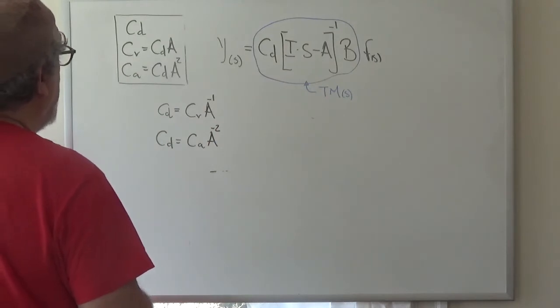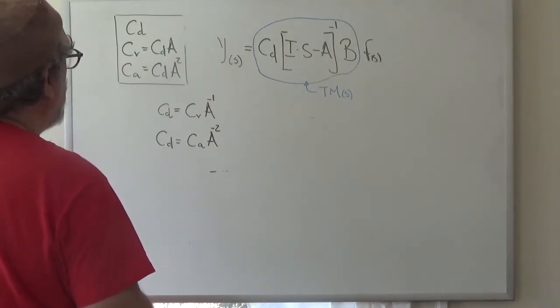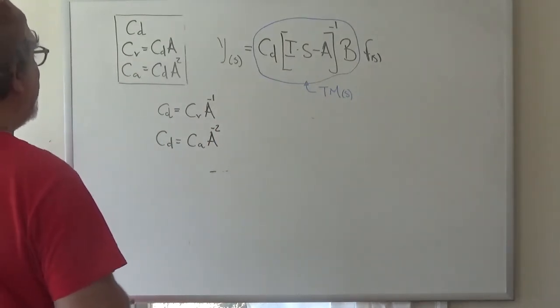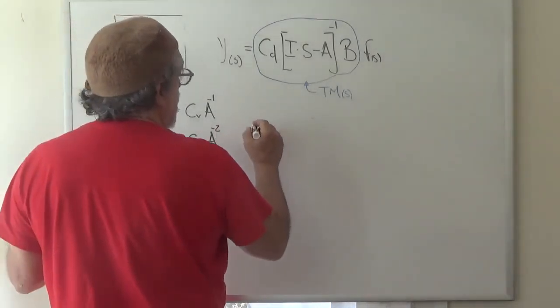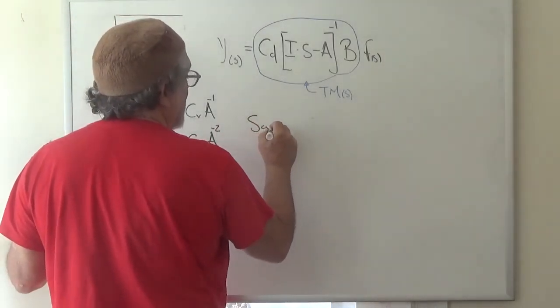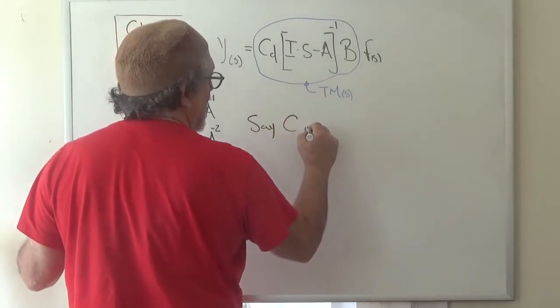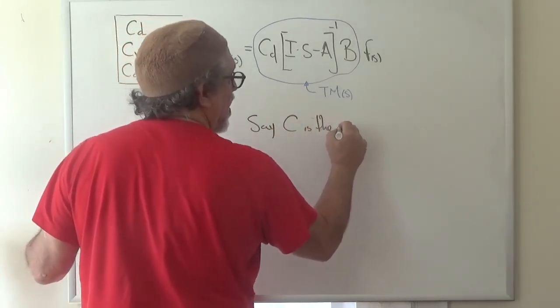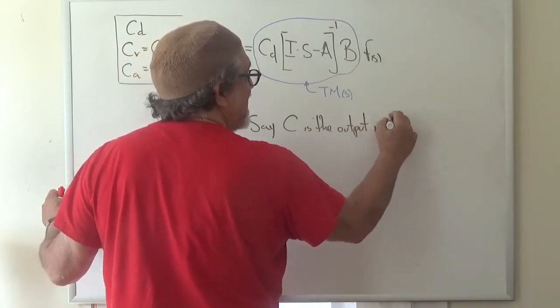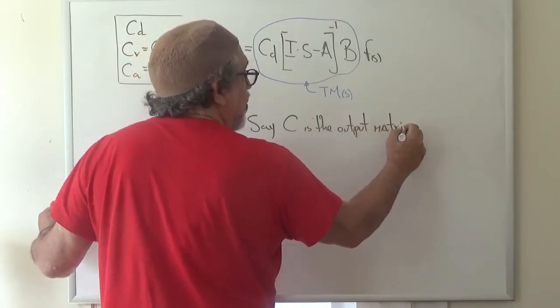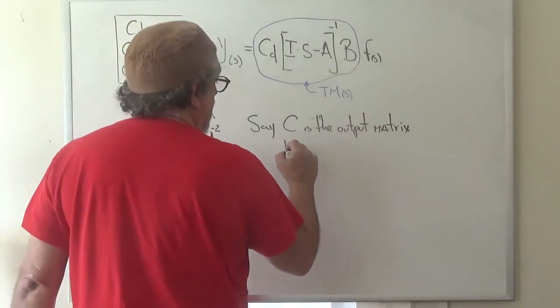Okay, so let's say that I no longer use subscript D, V, or A. I just use C. So let's say C is the output matrix for whatever we're measuring.